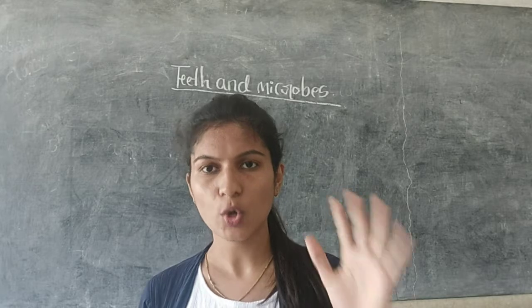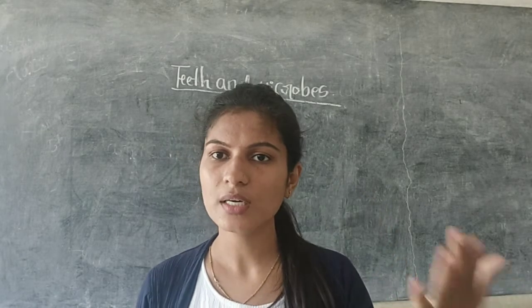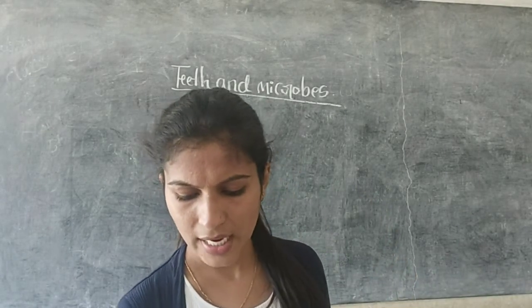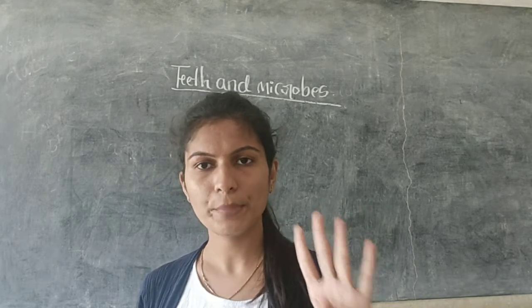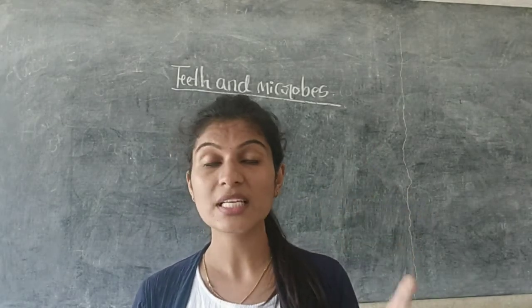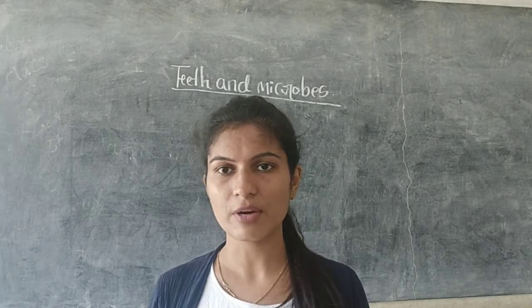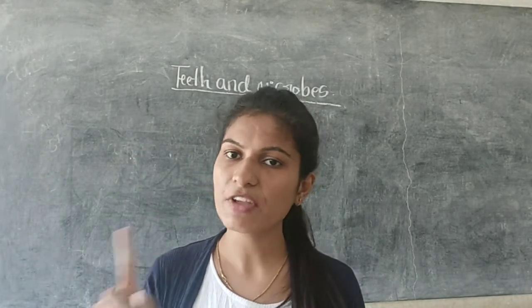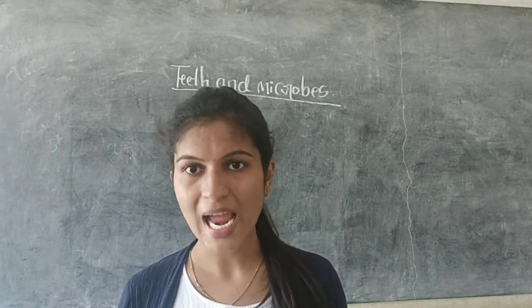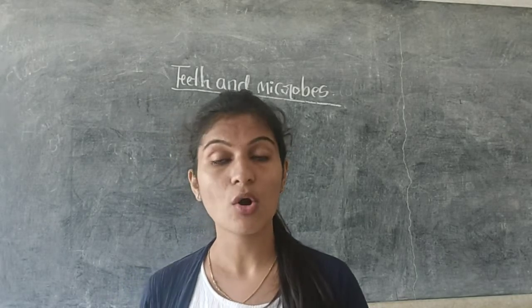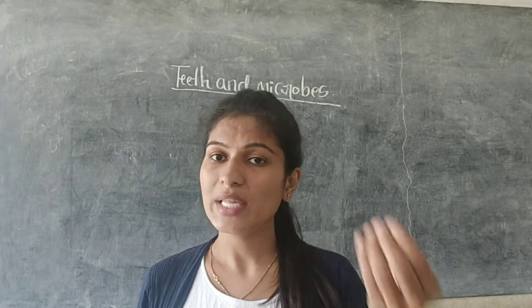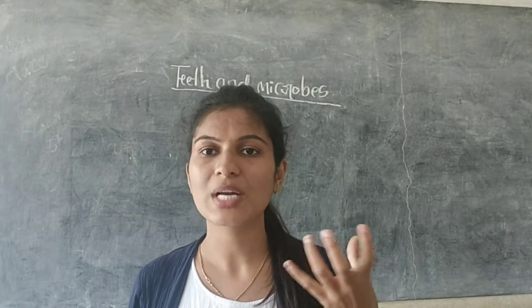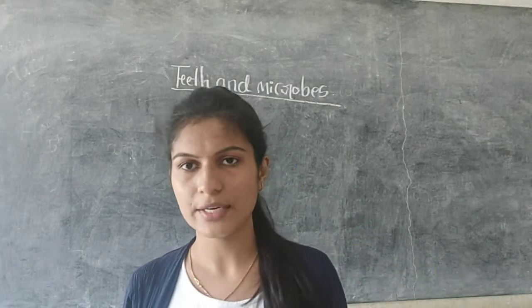Premolars are located next to the canines. There are 8 premolars in our mouth: the upper jaw has 4 and the lower jaw has 4. Premolars are also called cracking teeth. We use them to crack nuts, etc.